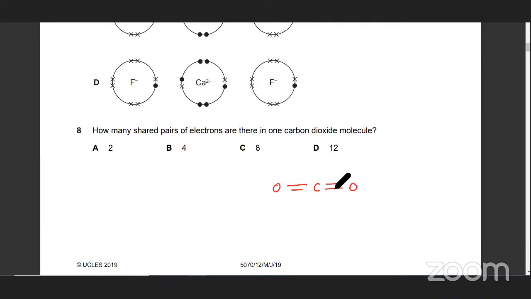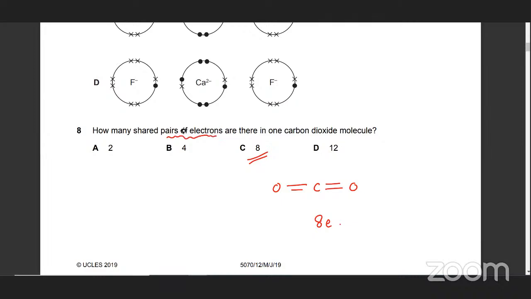Each dash represents 2 electrons, so that's 4 electrons being shared over here and 4 electrons being shared over here. So how many electrons are shared in total? That's 8 electrons. But the thing is, he's not talking about electrons, he's talking about pairs of electrons.